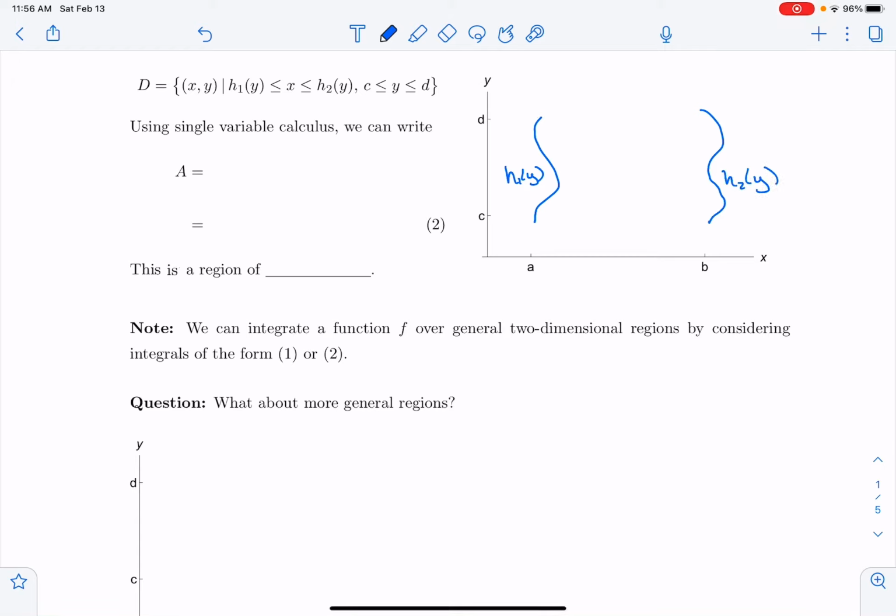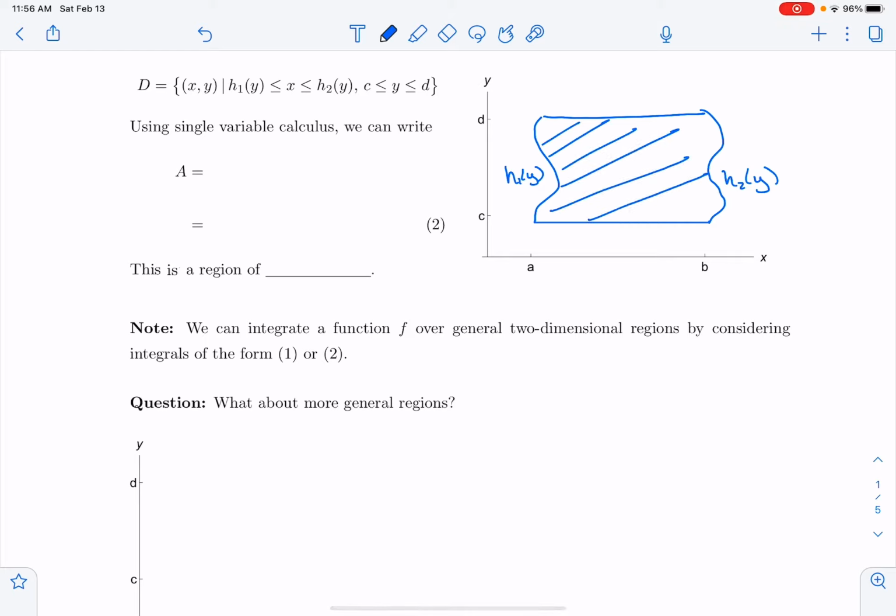Okay, and then I'm going to cut us off so that we're staying between y equals c and d. So again, I want to find the area of this region. Well, we can again use our knowledge of single variable calculus to write this as an integral. This is an integral from c to d of the function h2 of y minus h1 of y dy.